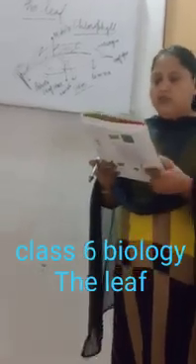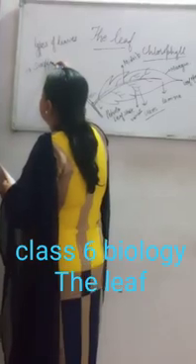Secondly, we have two types of leaves. One is called simple and another is called compound. Now, what is a simple leaf?